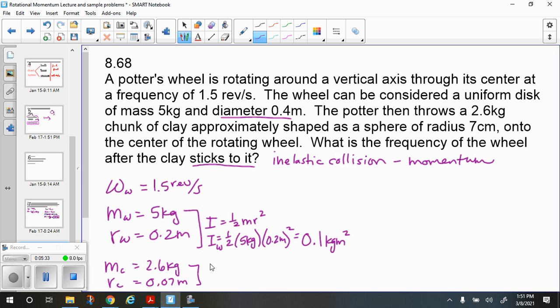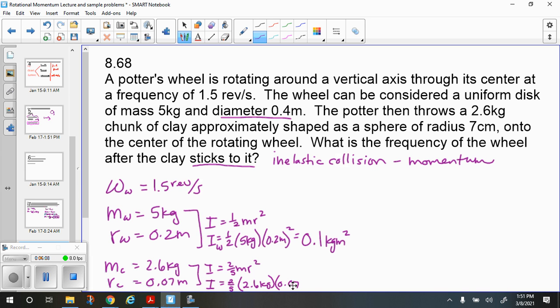And we're going to use I equals 2/5 mr squared for that one because this is a sphere. So you have to use a different moment of inertia equation. So we have 2/5 times the mass, which is 2.6 kilograms, times the radius squared, and the radius is 0.07 meters.